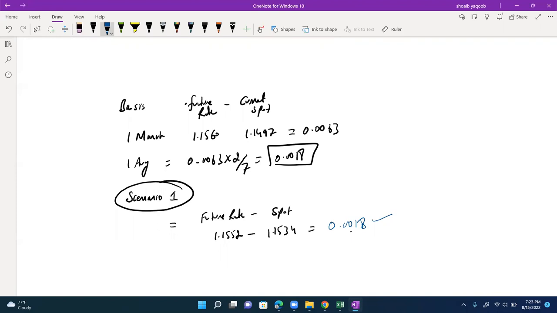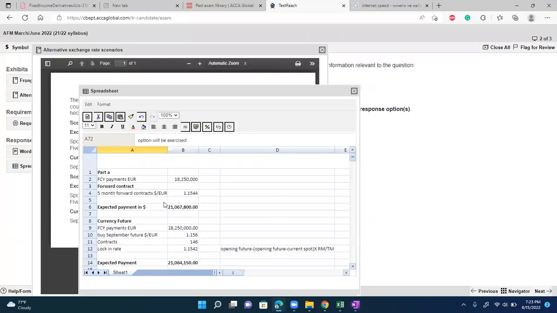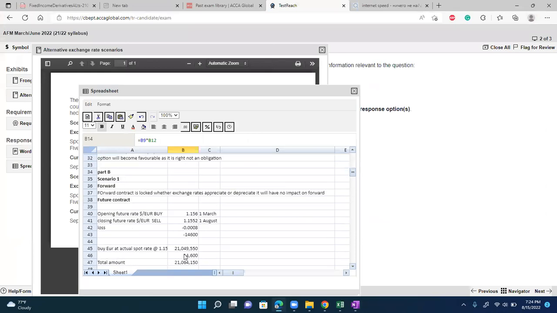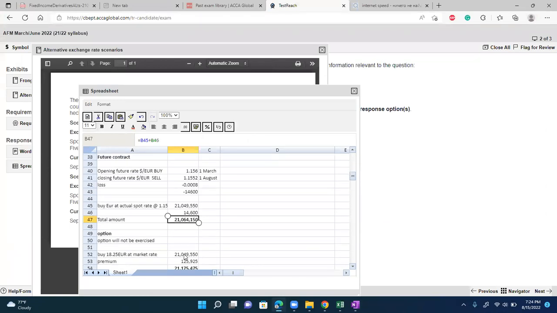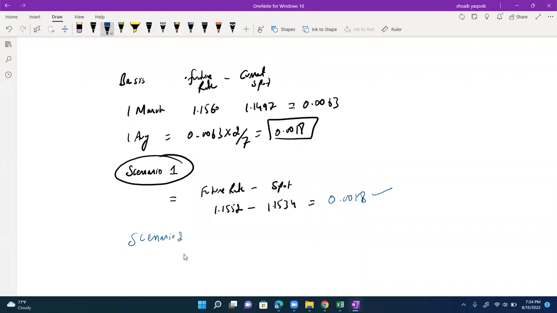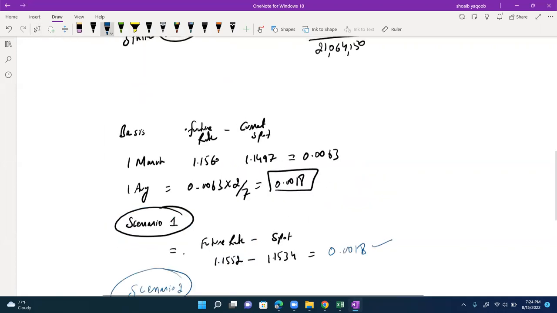That's why, if you look at the answer carefully, the future answer in part A was 21.064 million, and the scenario 1 answer is the same, 21.064 million. But what happened in scenario 2? The future rate is 1.1563 and the spot rate is 1.1549.